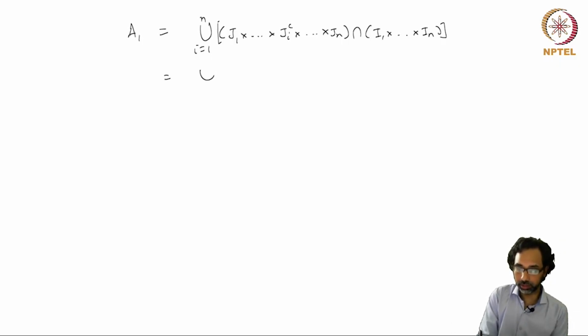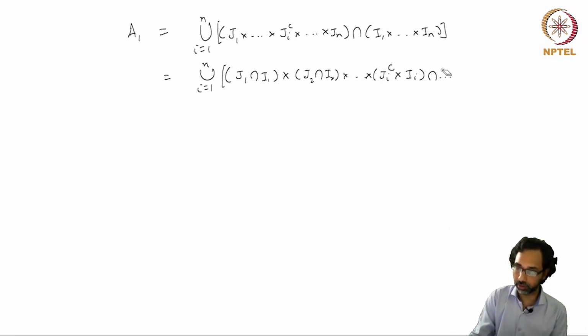So this is just by the property of cross products and intersections. This is simply J1 intersection I1 cross J2 intersection I2 cross Ji complement intersection Ii cross up to Jn intersection In.